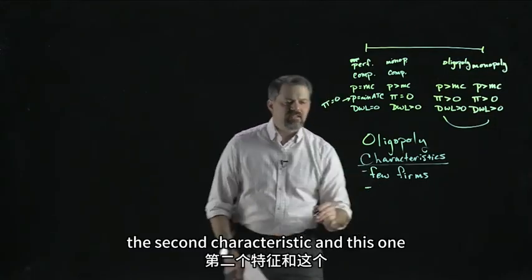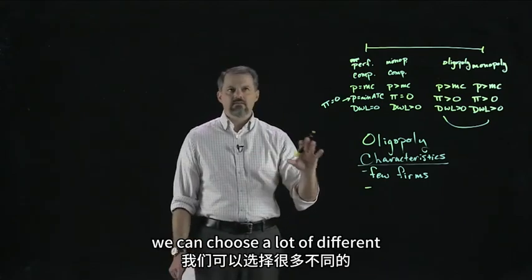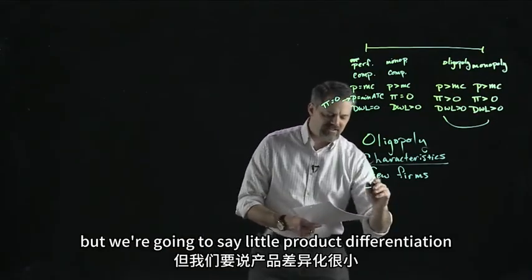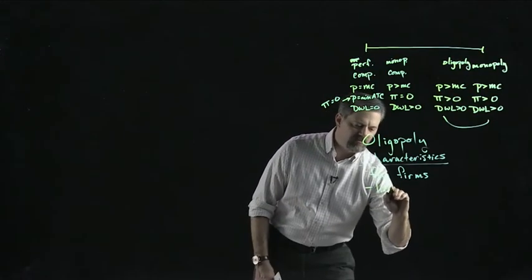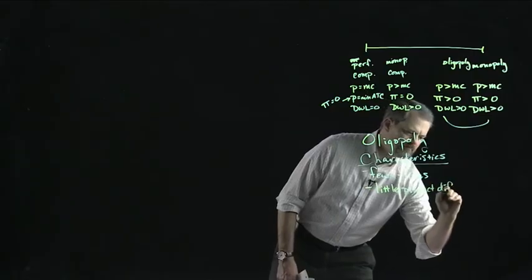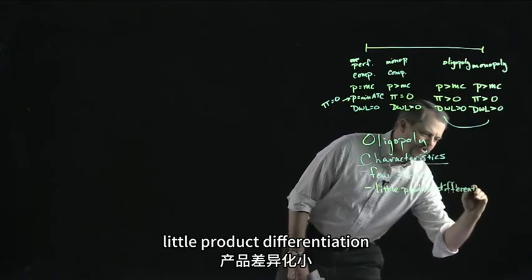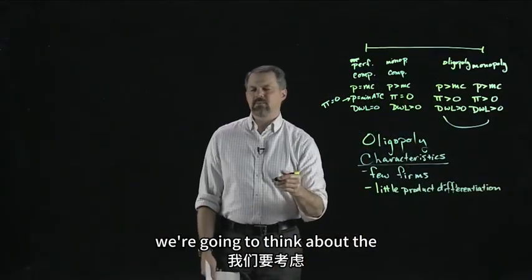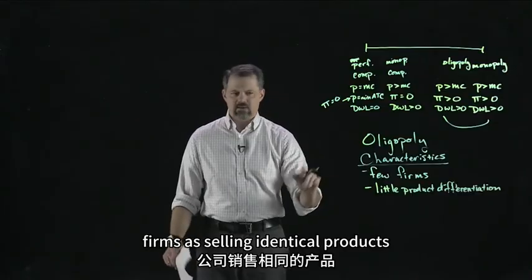The second characteristic, and we can go a lot of different ways with this one, is that we're going to say little product differentiation. As a matter of fact, we're going to think about the firms as selling identical products.